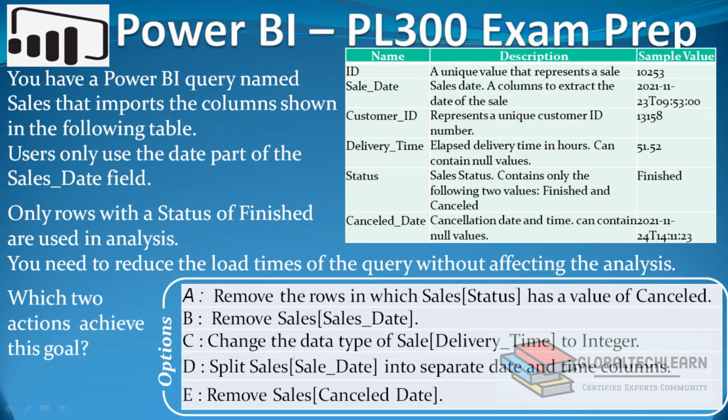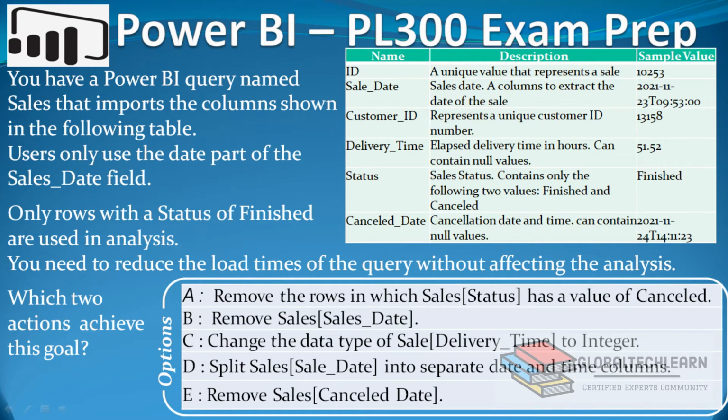If we look at option C, we have a float data type, 51.52. If we convert this field to integer, it will return only 51 and we will lose the decimal part. We cannot proceed, as there is no requirement saying only the integer part of this field is required for reporting. So this option we can ignore.